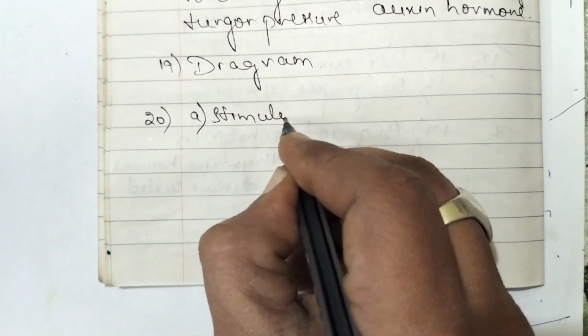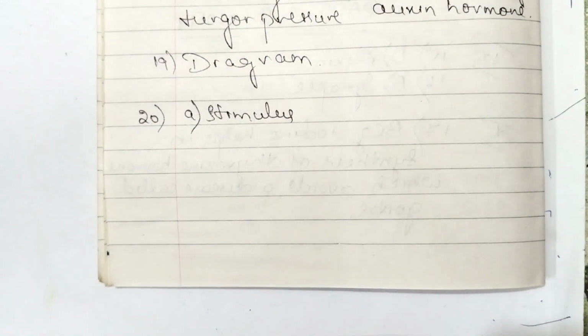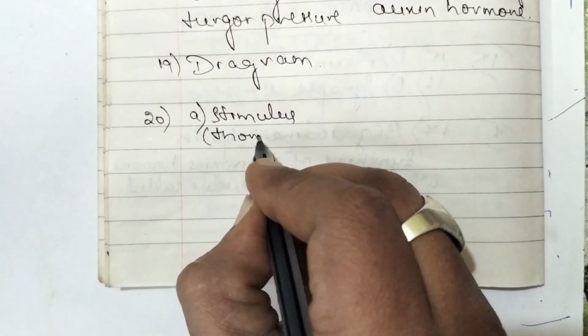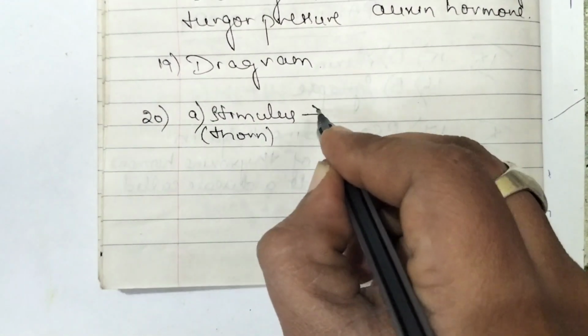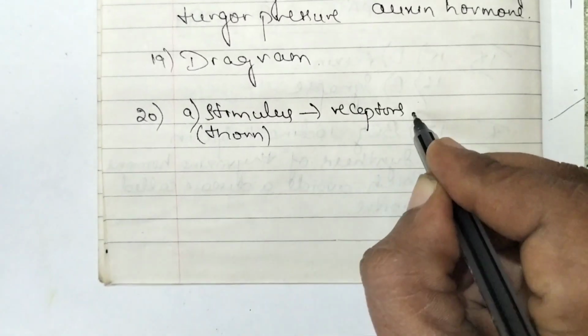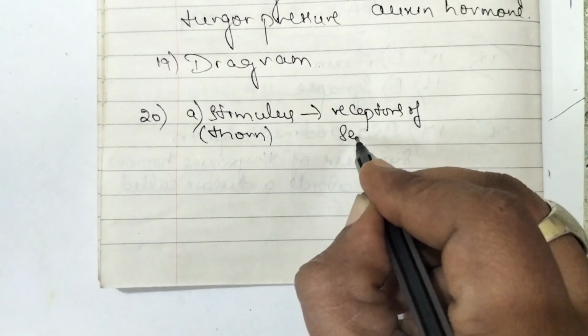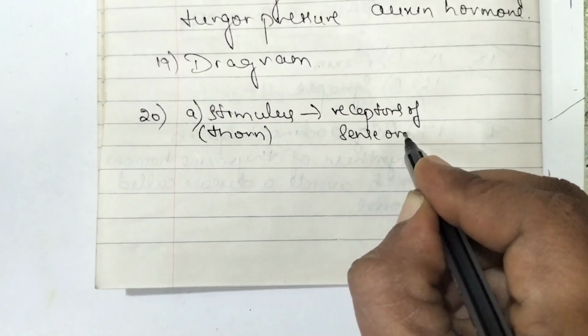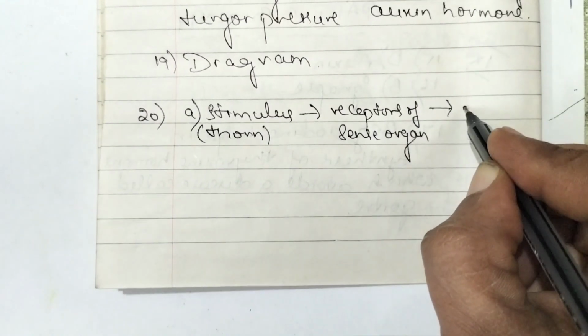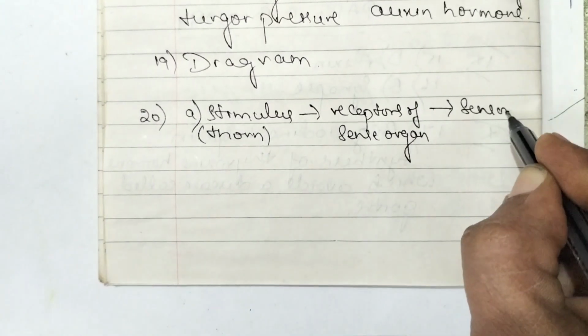First, the stimulus. Here the thorn is the stimulus. From there, the information goes to the receptors of sense organs. From there it moves through the sensory neuron.